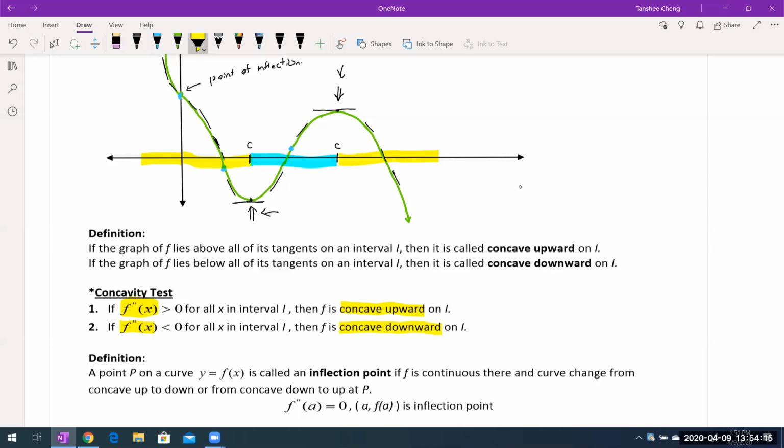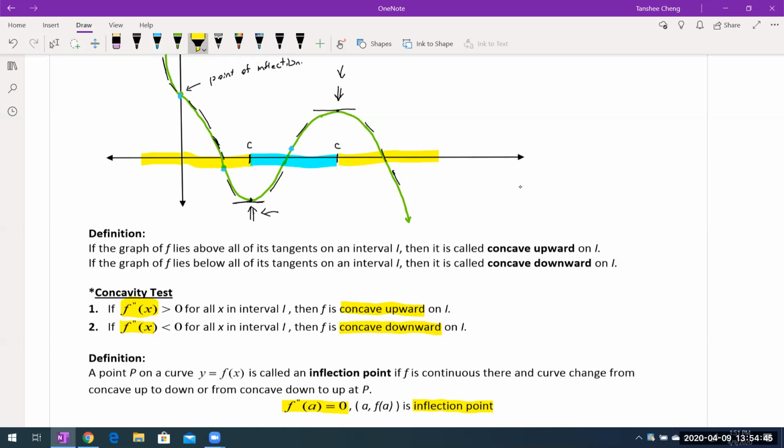If you just look at this and think, hey, if the second derivative at a particular point is equal to 0, then that point is called a point of inflection, that could mislead you. There are cases where the second derivative is equal to 0 at a certain point, but it's not a point of inflection.